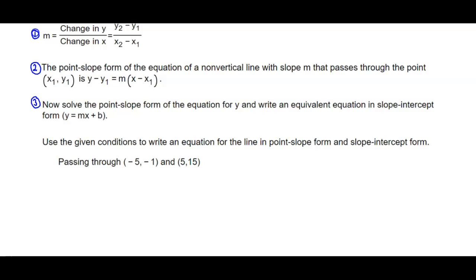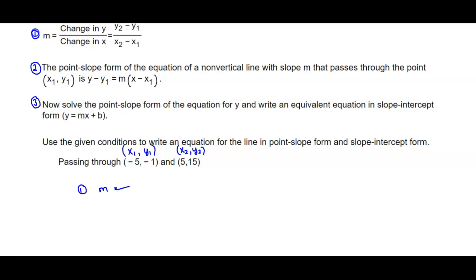So let's identify the given points as x1 and y1, and we have x2 and then y2. Let's first find out what the slope is.